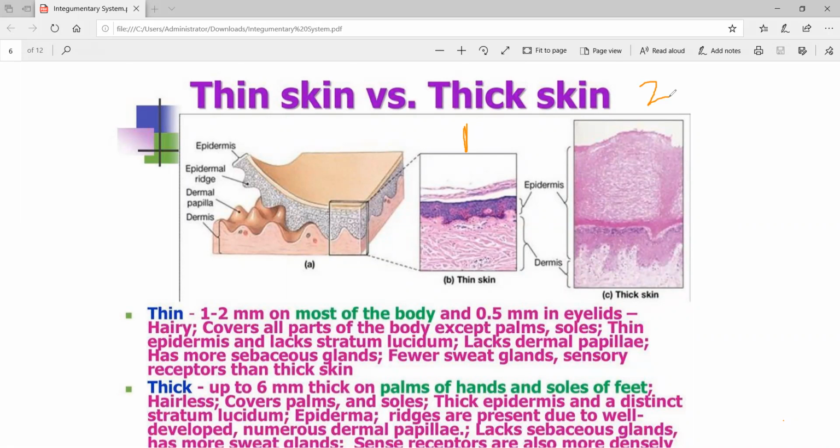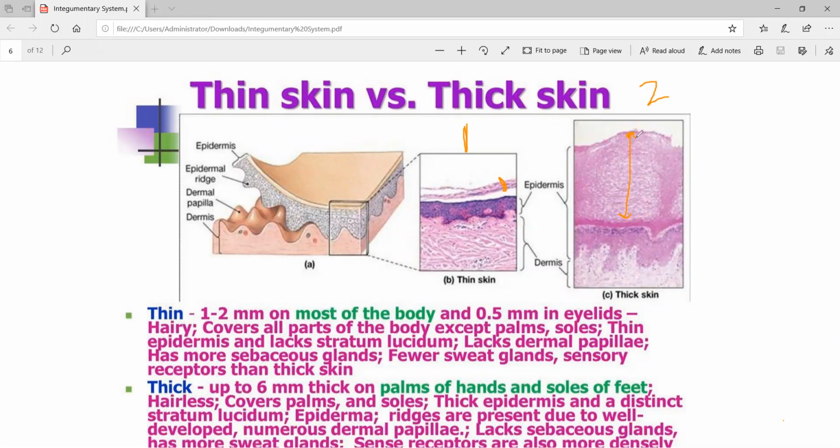So again, what is the difference? How can you tell the difference when you're looking on or under a microscope? So again, in picture 1, you see that right here, this is your stratum corneum, and it's very, very thin. This is your stratum corneum in this one, and you can see it's very thick.